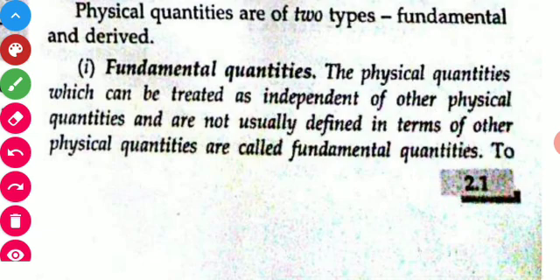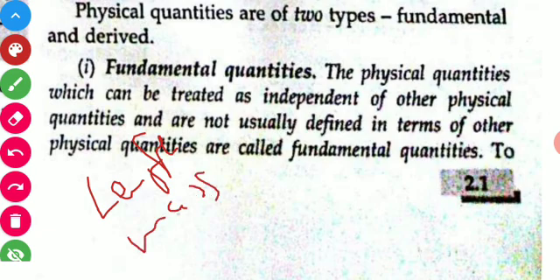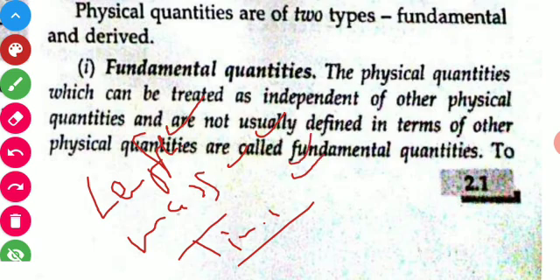See students, if we talk about length, mass, time, we cannot express length in terms of mass, we cannot express mass in terms of time, likewise we cannot express time in terms of length. So these are independent of any other quantity.